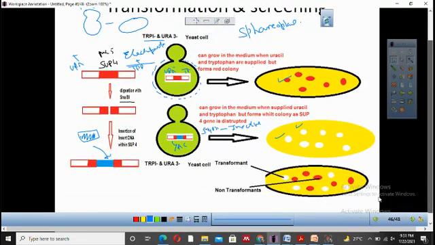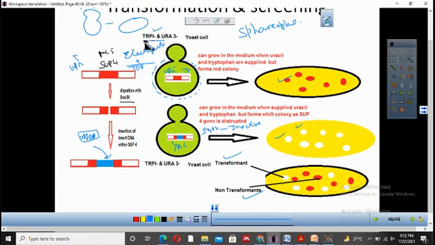So in a nutshell, in combined form, those colonies which are white in color are said to be the transformants, and those which are red are said to be the non-transformants. So what is the utility of this?